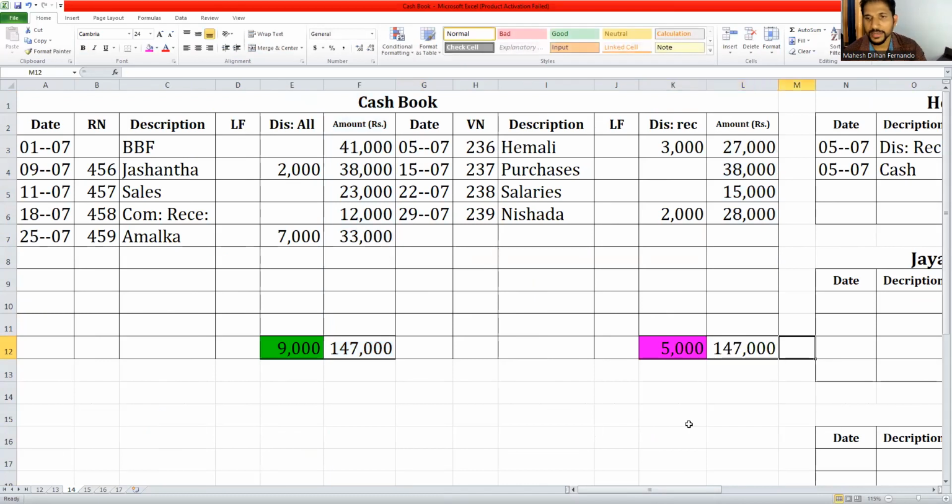147,000 is the right addition. As at 31st of July, BCD is 147 minus 108.